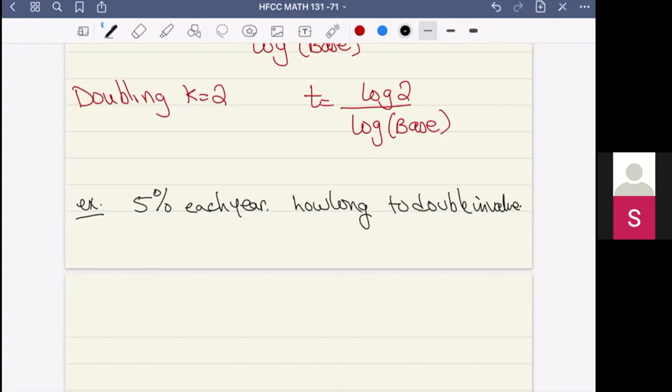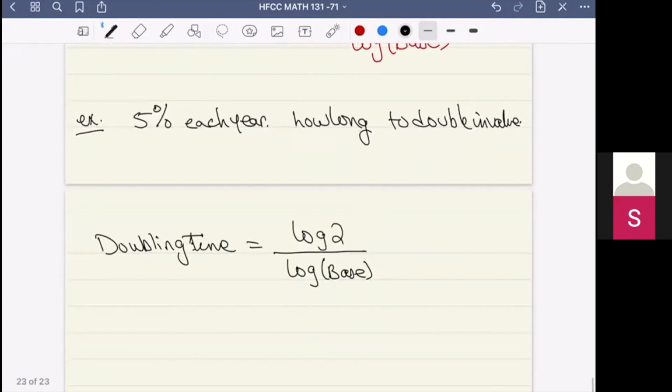Okay, well, let's see. Doubling in time would equal the log of 2 over log of the base. And what's my base here? Well, I know it's a 5% increase. So log of 2 over log of 1.05, because my base is 1, which is 100%, and I'm increasing it by 5%.